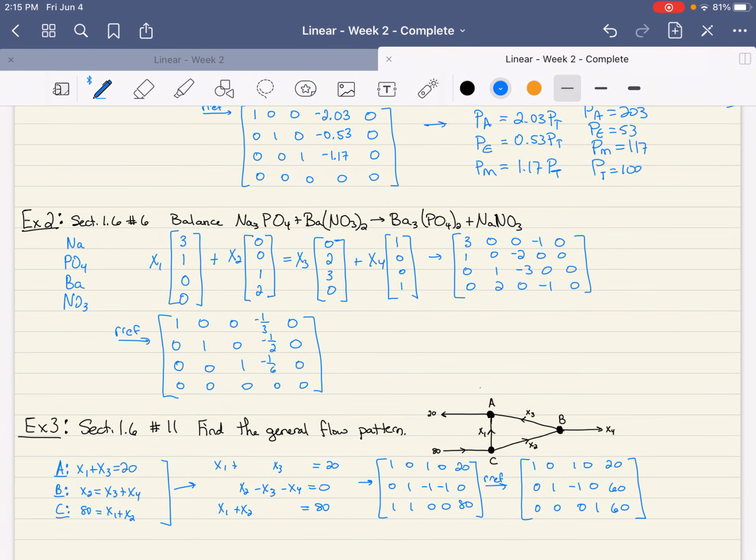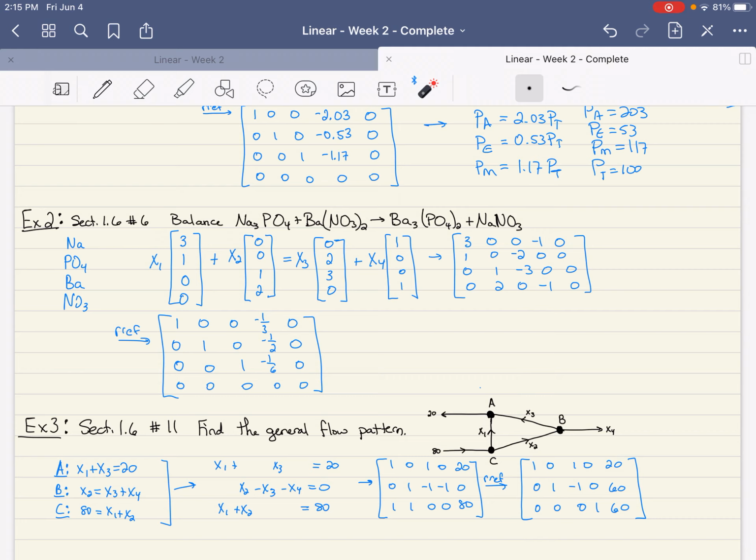Balancing the chemical equation is similar in setup. So what I did is I just went through and pulled out the different components that we had from the side. So I noticed that we've got a sodium, PO4, a Ba barium, I think, and an NO3.